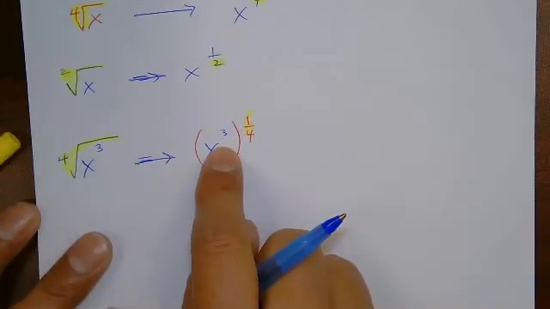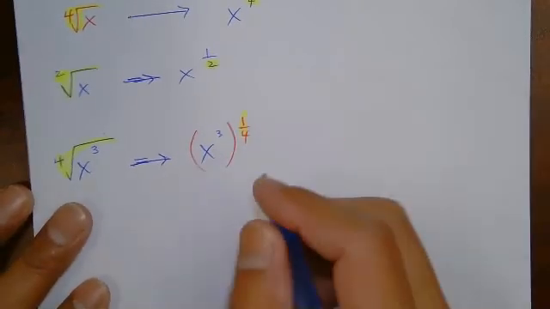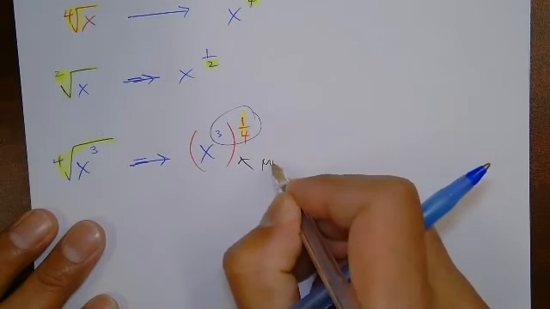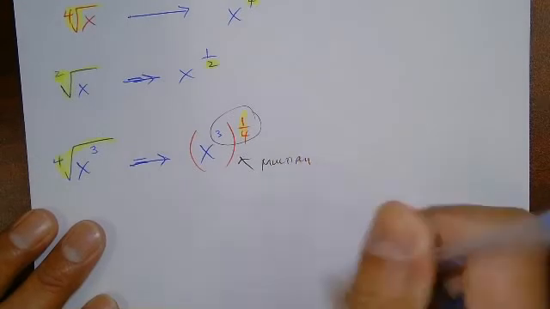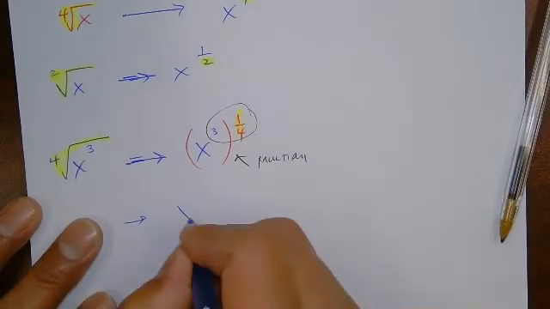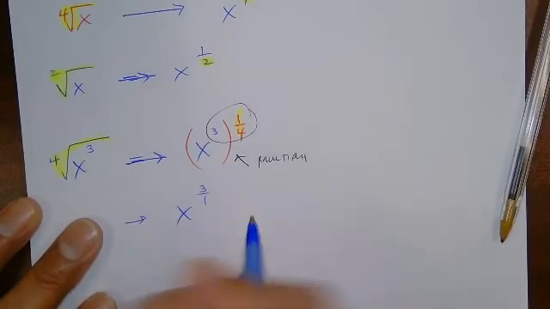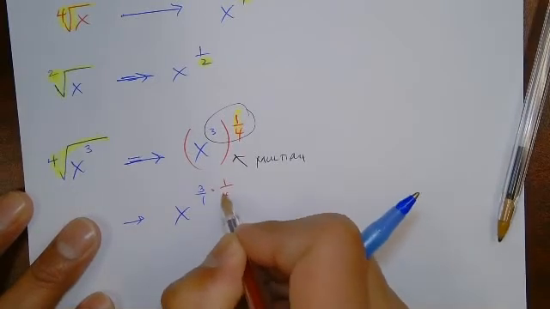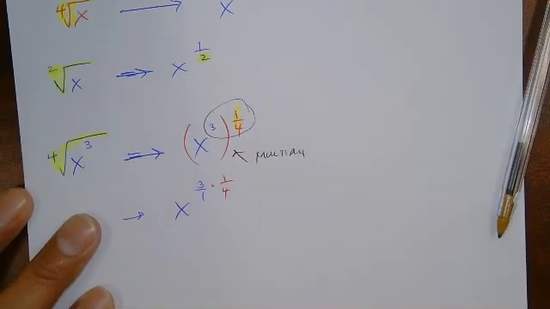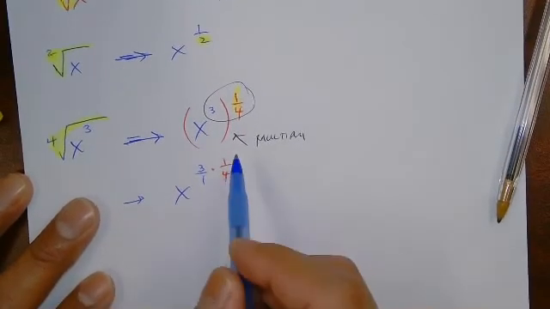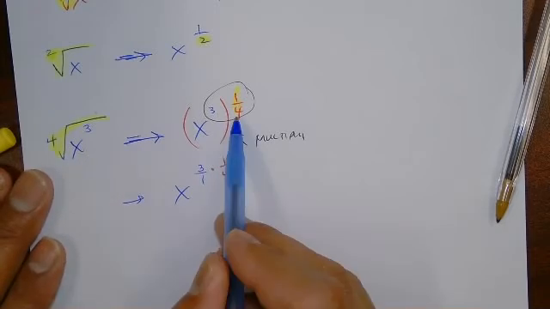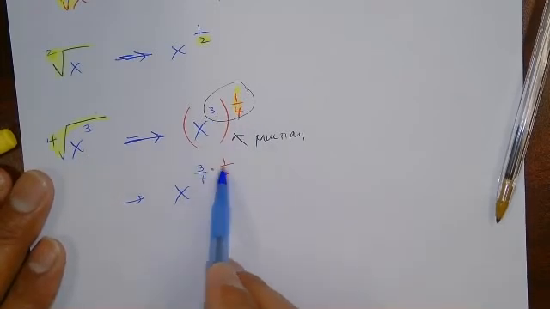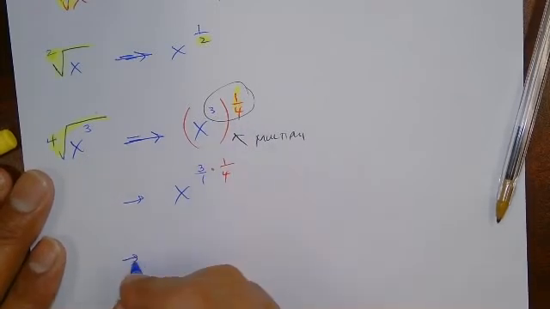And then what do you do when you have a power raised to another power? You multiply these. If you pay attention here, 3 is really 3 over 1, and the 1/4 is 1 over 4. So just keep this in mind: the radical is the number that's going to be in the bottom, and this other number, when you multiply, will end up on top.